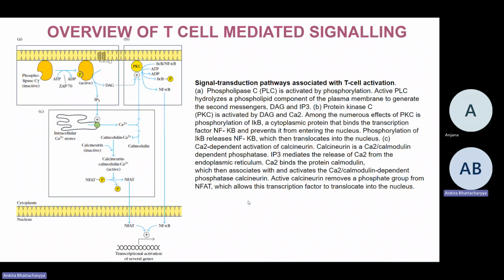So that is what you see represented here as well, that the intracellular calcium stores are maintained. However, there is a release of calcium to act as a secondary messenger, and the downstream effects are manifested via NFAT, which is a transcription factor, and that affects the transcriptional activation of genes which help in T cell activation and its further processing. So the initial processes are different.